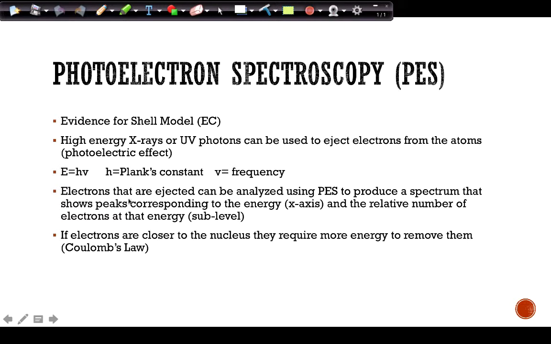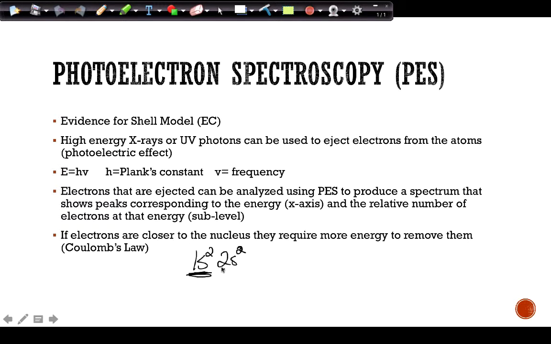And that spectrum shows peaks that correspond to those electrons that are being ejected at certain energy levels. And it shows how many electrons are ejected at that point. Okay, so if the electrons are closer to the nucleus, it's going to require more energy to remove those electrons. So if we are at 1s, these 1s electrons are actually going to be closer to the nucleus, which means that they're going to be the hardest to remove.